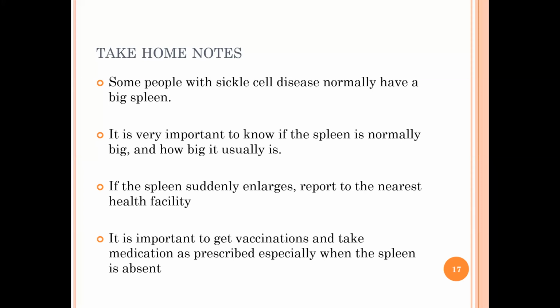So there are some that are given to adults who get too many recurrent infections, who are more at risk of getting a pneumococcal infection. So it's important to get vaccination. It's important to take all your prescribed medication, especially for those who have an absent spleen. It's important to get these things done.